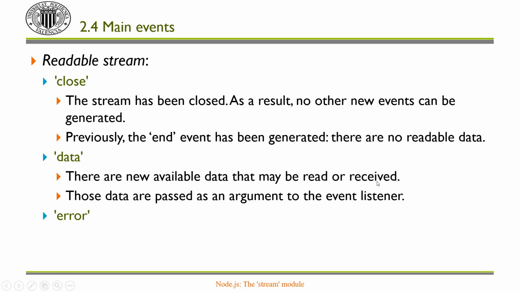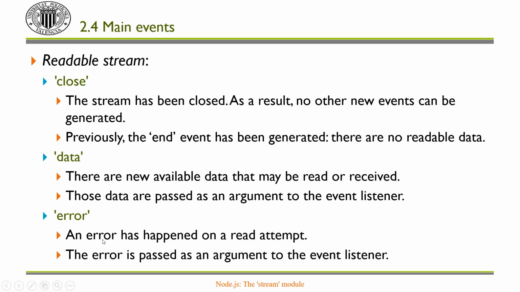In case of communication streams, this notifies that we have received a message. Those data will be passed as an argument to the corresponding event listener. And finally, error notifies that an error has happened on a read attempt on this stream. The error, again, is passed as an argument to the event listener.